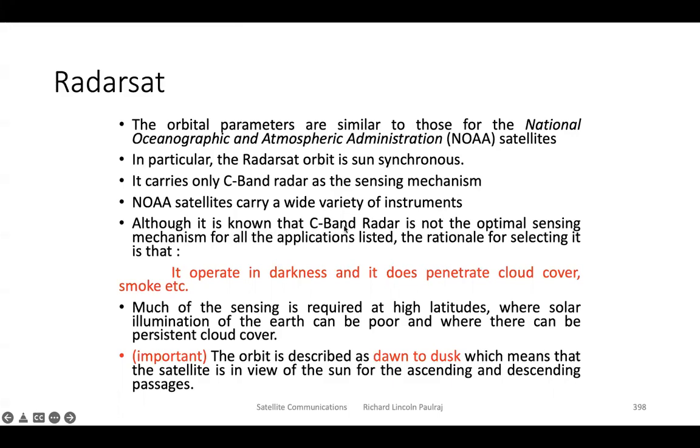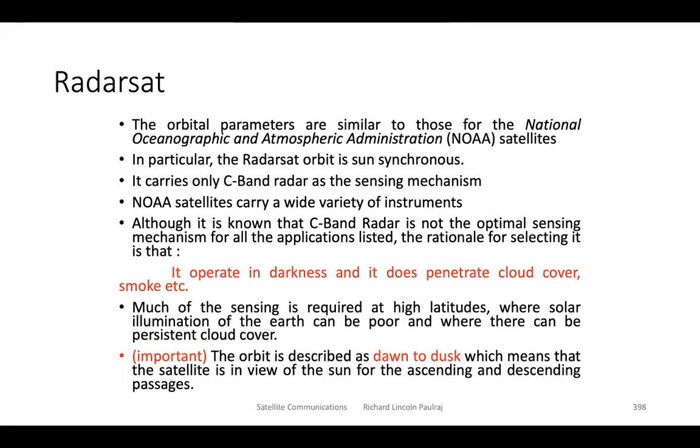Although it is known that C-band radar is not the optimal sensing mechanism for the applications, the rationale for selecting it is that it operates in darkness. Now, this is important. Usually when we adopt a technology, we look at its advantages and disadvantages. If the advantages are higher compared to the disadvantages, then we will go for it, even though there are a few disadvantages.